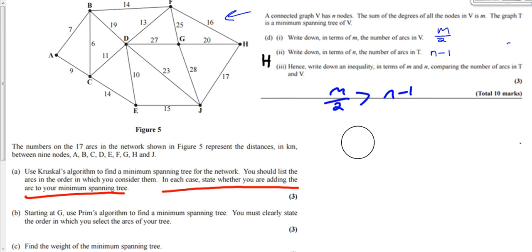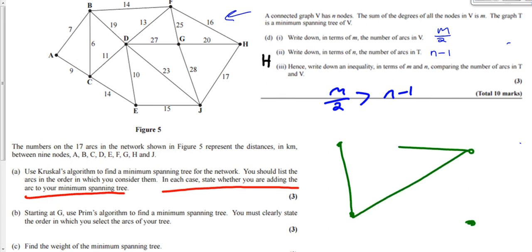So if we think about it with a different example, let's say we've got this here. Here we've got 1, 2, 3, 4 arcs in our connected graph.